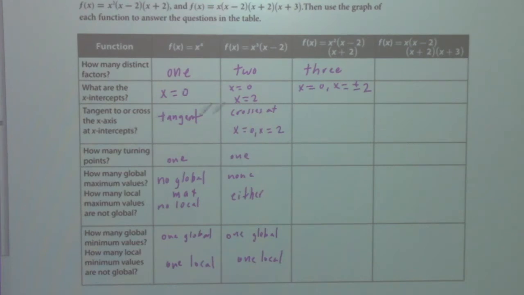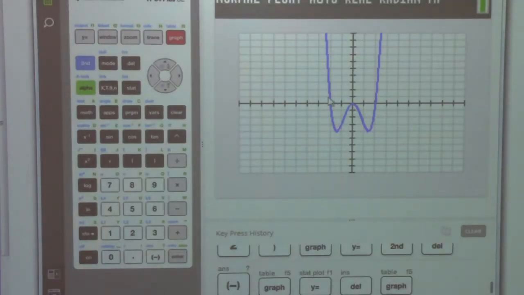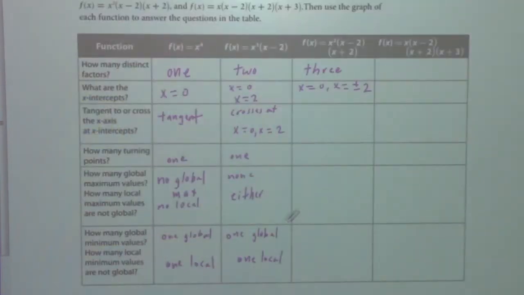And then tangent to or crosses. So it's tangent at x equals 0, but crosses at x equals plus or minus 2, right?